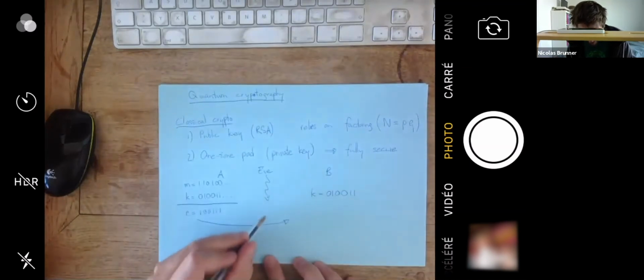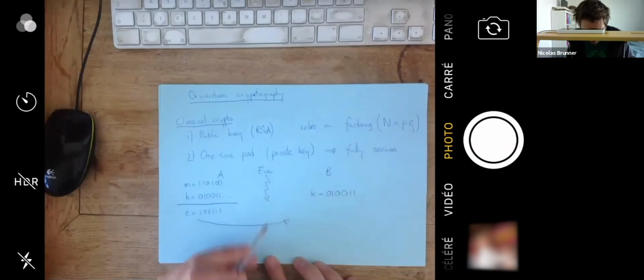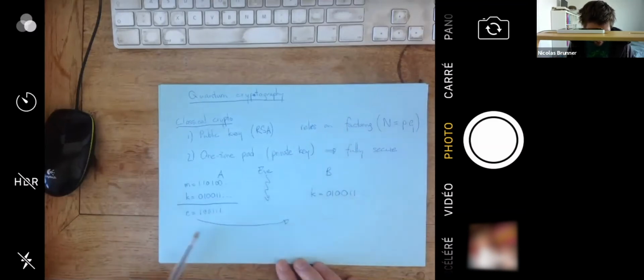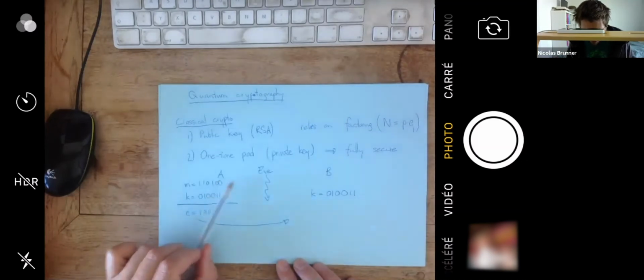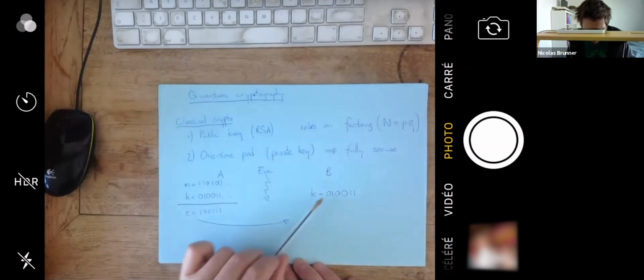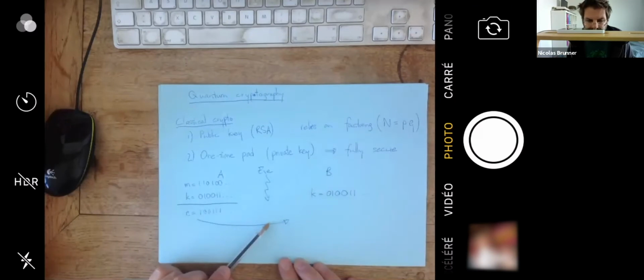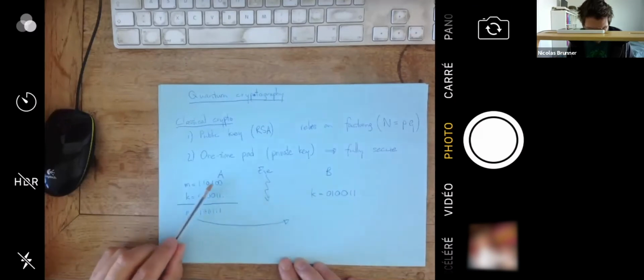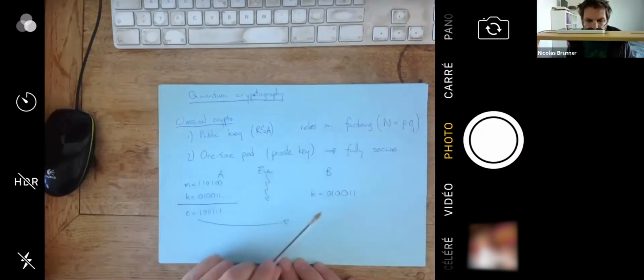So Eve can intercept and read this encrypted message. She can, however, not change it, okay? So the general scheme that we are going to consider is that A and B communicate via a classical channel, which Eve can perfectly read. But there is always a way for A and B to authenticate themselves, okay?